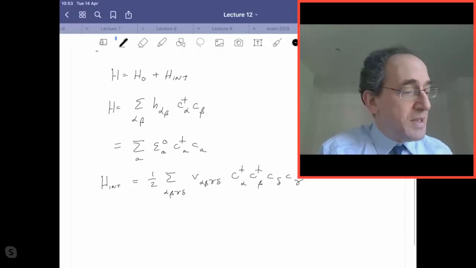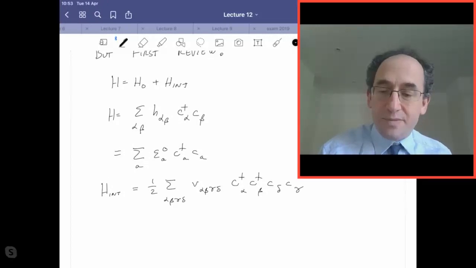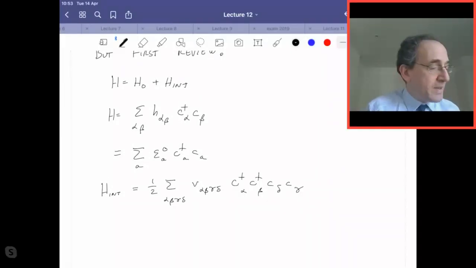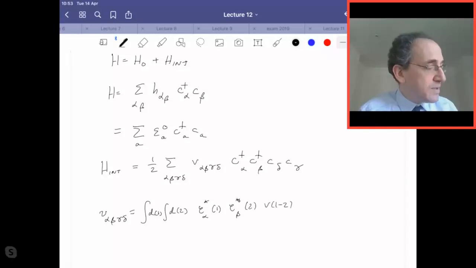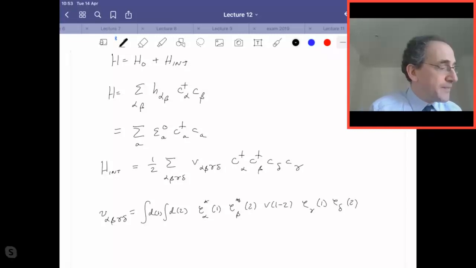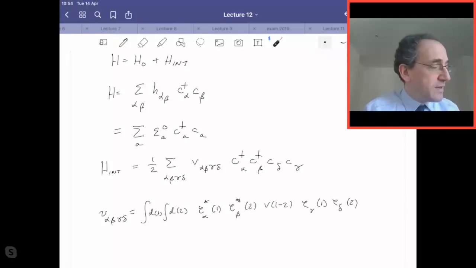Okay, so this matrix element V alpha beta gamma delta, we can write out explicitly if we wanted to, as the integral d1, integral d2, psi star alpha of 1, psi star beta of 2, V of position 1 minus position 2, phi gamma of 1, phi delta of 2.